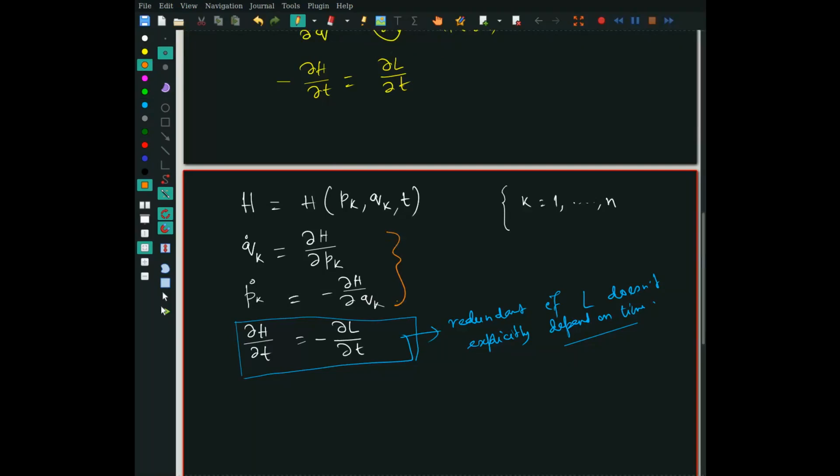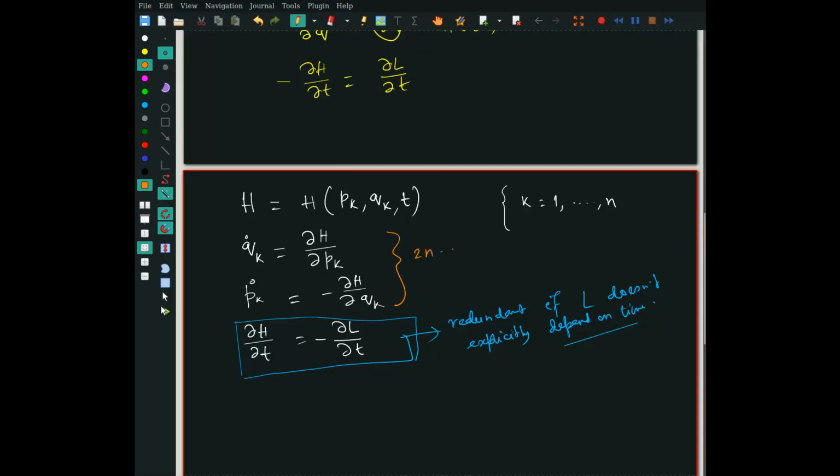So the first thing you notice is that in the Euler-Lagrange formalism, if you consider Lagrange's equations, there were n number of second order differential equations. Lagrange's equation is a second order differential equation, but here you have 2n number of first order differential equations.